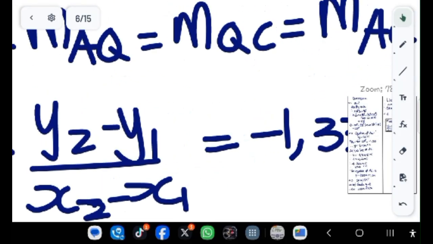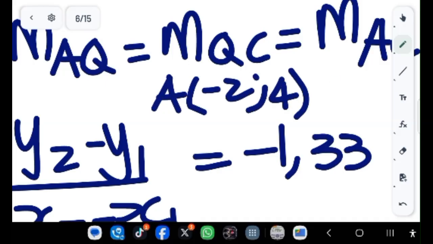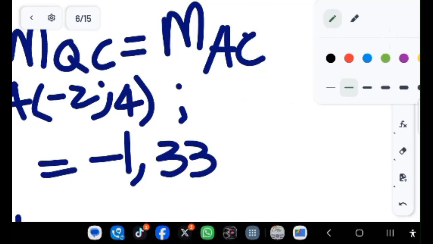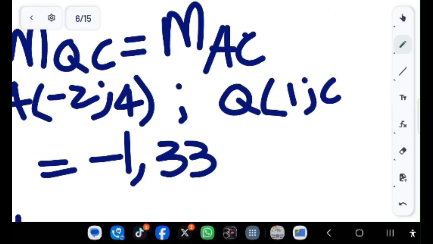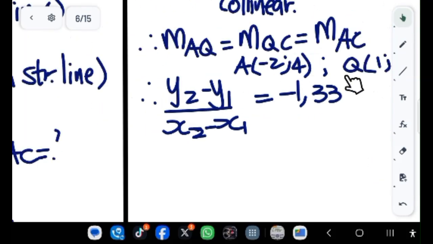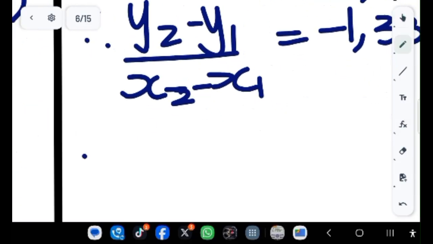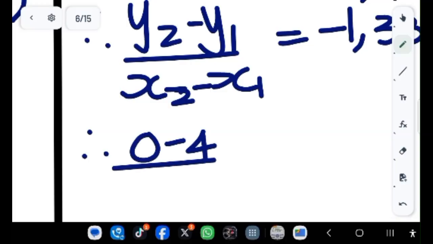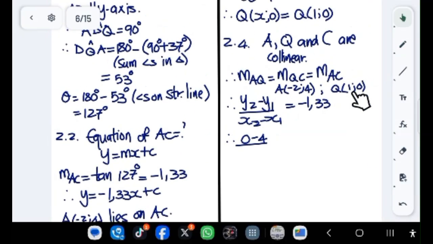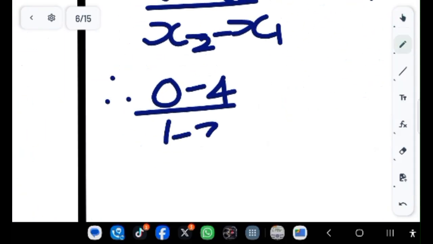So that will be 0 minus 4 over the x coordinates, 1 minus negative 2.